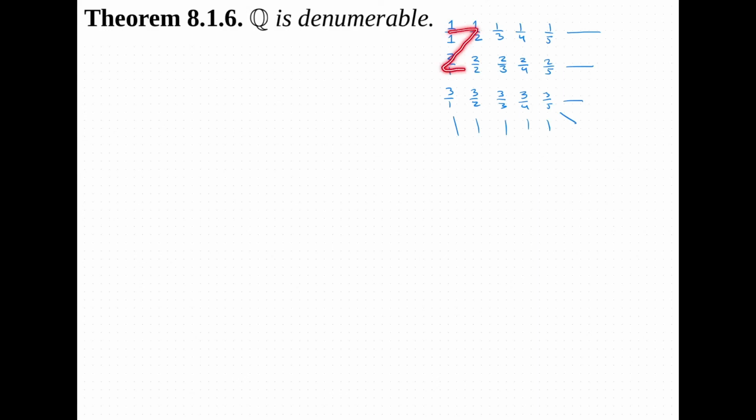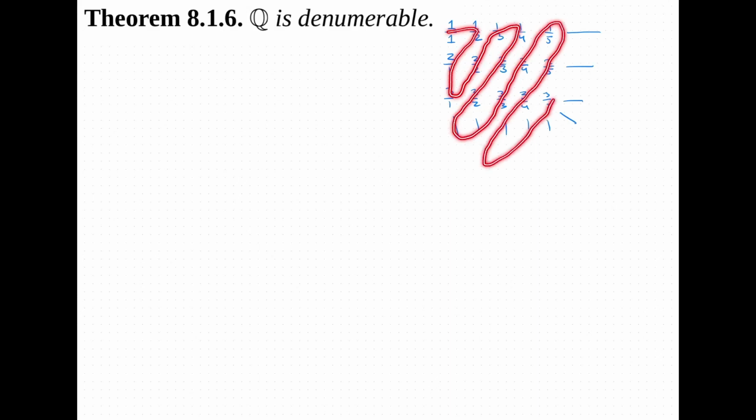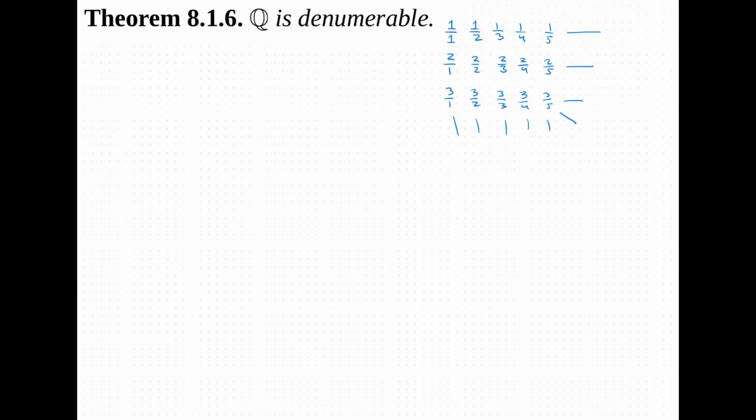We come along like this. And then we just count along this function. But that requires that we need to be to some degree clever if we wanted to construct a function that was one-to-one and onto the set of the positive integers.